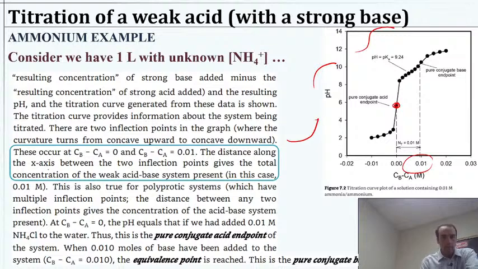The distance between these inflection points gives us the total concentration of the weak acid base system present. So that gives us AT, because that's the difference between the HA equivalence point and the NaA equivalence point.